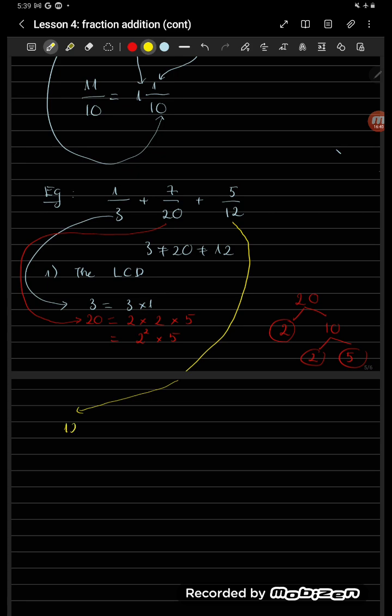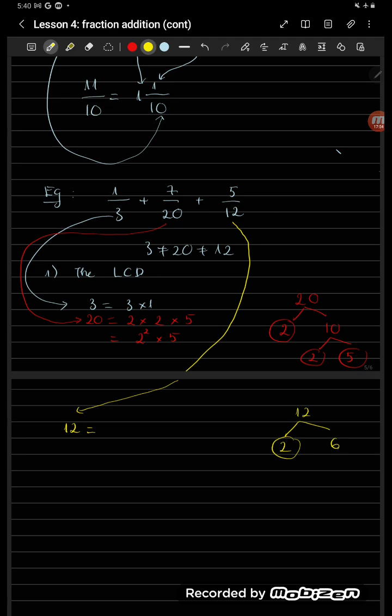So 12 is not a prime number. It means we can write it as a product of prime numbers. So 12 can be divided by 2. Yes. And the quotient is 6. So 2 and 6. 2 is already a prime number, so circle it. It's done. We cannot do anything further with it.